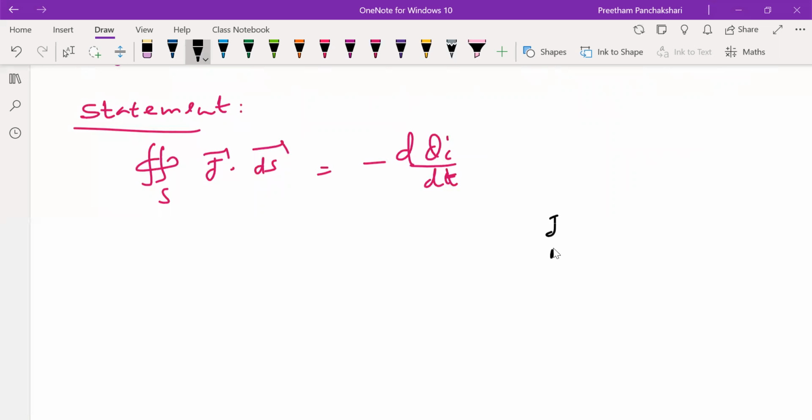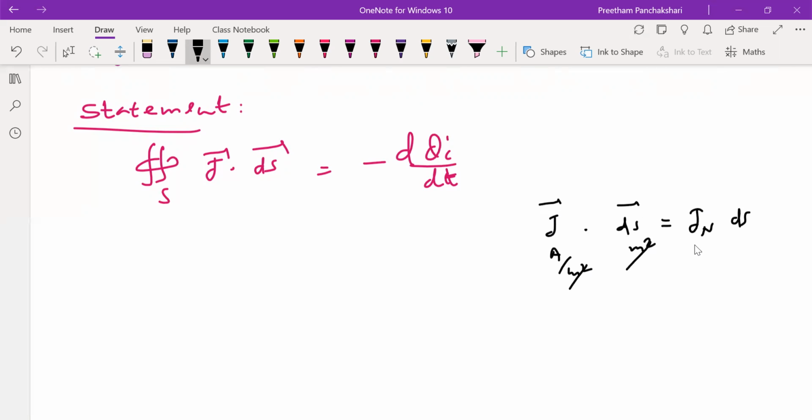J is the current per meter squared, current by area. Similarly, ds is the area, that is nothing but meter squared. So J into ds will give us current. So this is the current. Dot indicates that we are taking normal component of current. J dot ds is equivalent to Jn into ds.